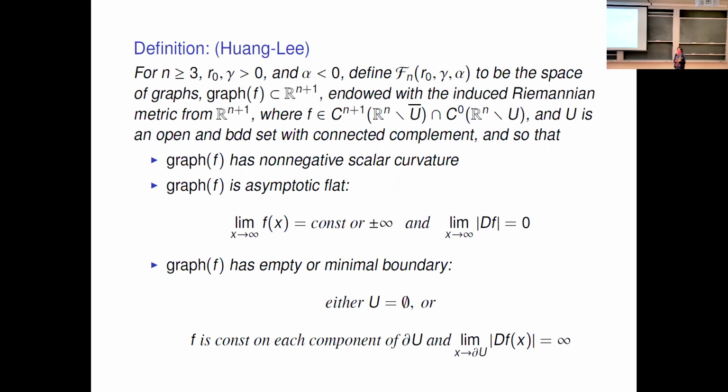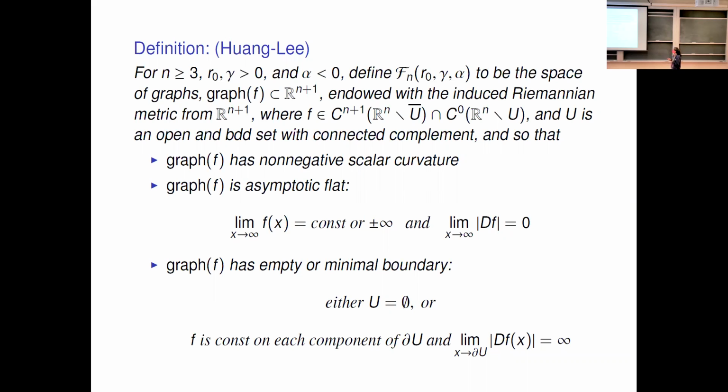and let's start talking about graphical hypersurfaces of Euclidean space. So this is a definition. It does not appear as a definition in the paper by Huang and Li, but I wrote it this way. As I told you, we are going to be working with graphical manifolds.